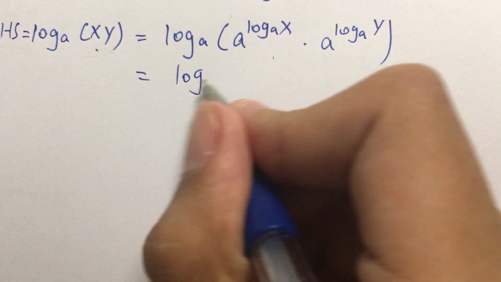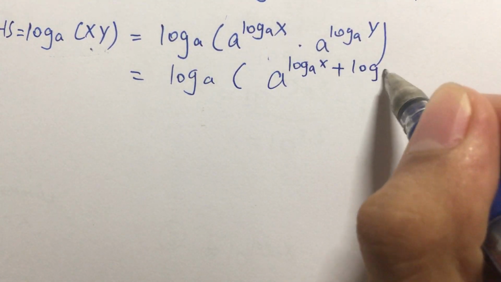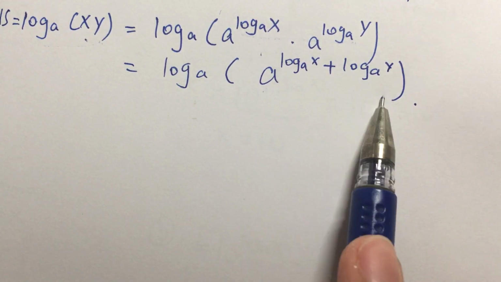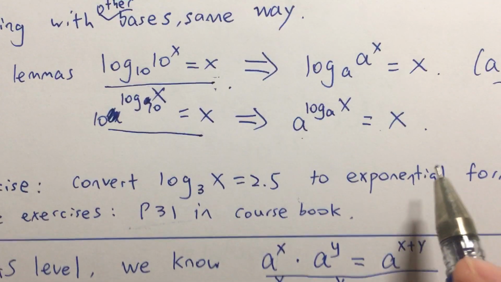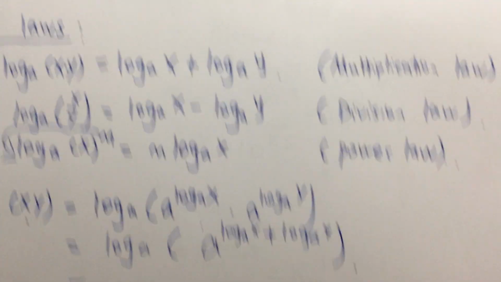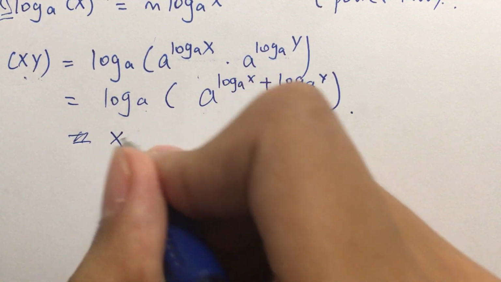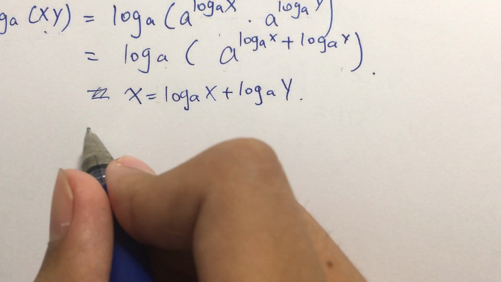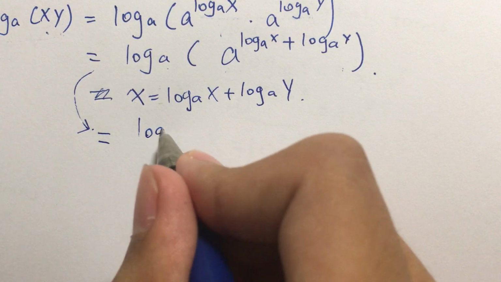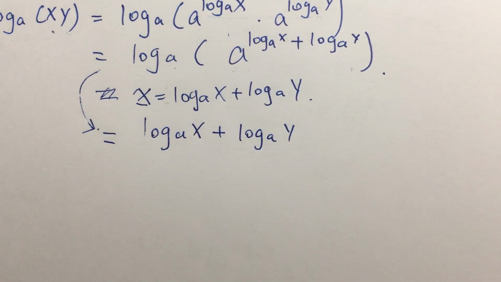This is just equal to log_a of a^(log_a x + log_a y). And by using the lemma log_a of a^x equals x, the whole thing equals log_a x plus log_a y. And we finished proving the first one.